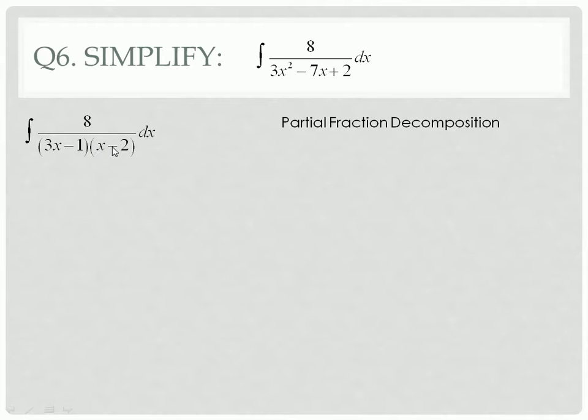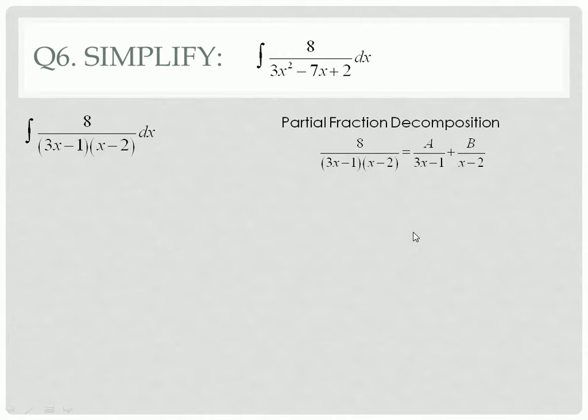So I'm going to take this fraction, 8 over 3x minus 1 times x minus 2, and rewrite it as a sum of fractions, where I'm trying to find those coefficients. So I'm going to write it as a over 3x minus 1 plus b over x minus 2 and solve for a and b. So the first thing I'm going to do is multiply through by that common denominator.